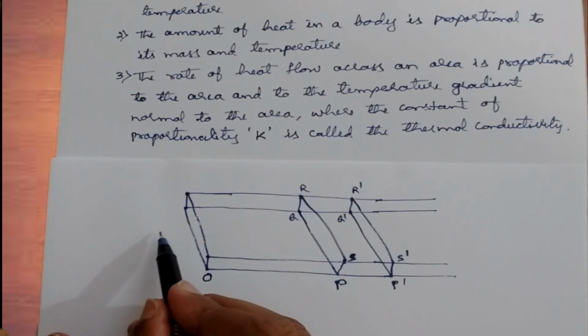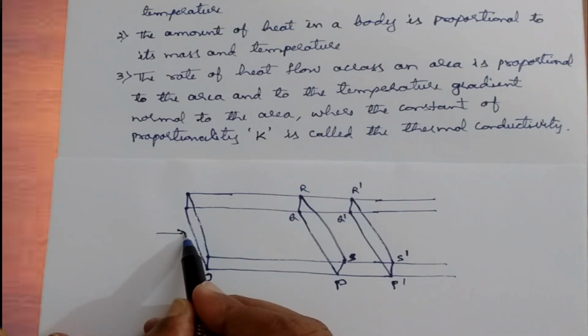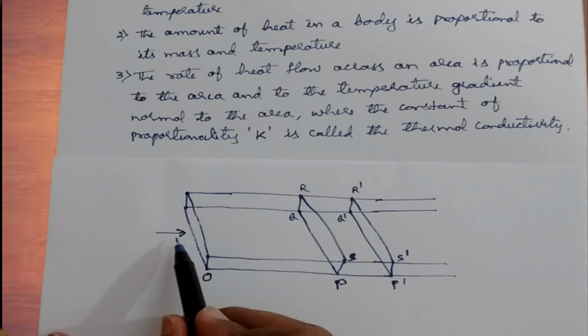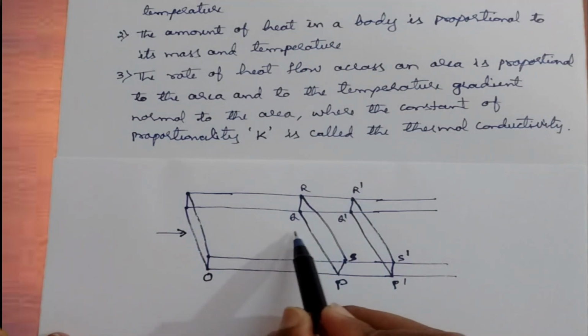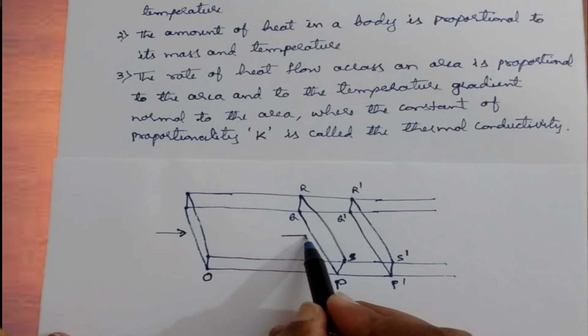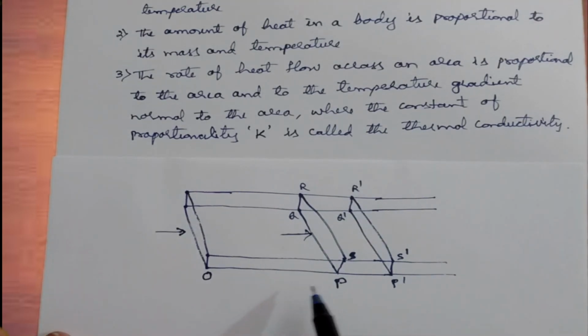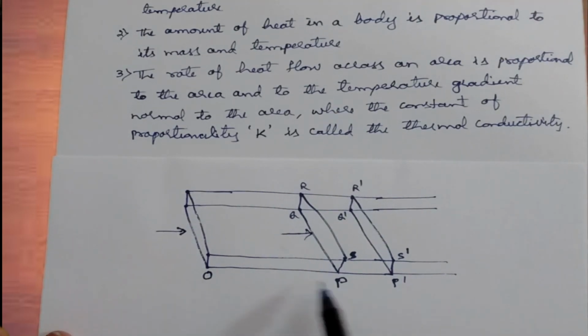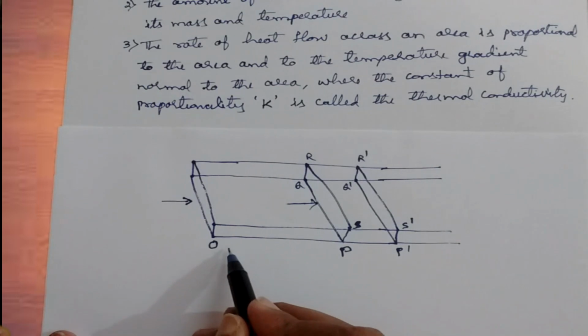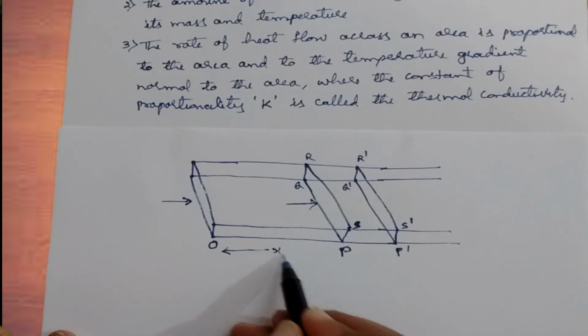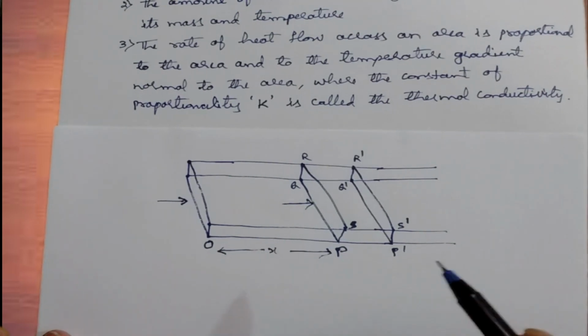Now you are supplying heat from here. Heat is being supplied from here. So heat flows along this rectangular slab and reaches this cross section of the slab. Let the distance from the initial point to the point P be, say, x. This is the distance.